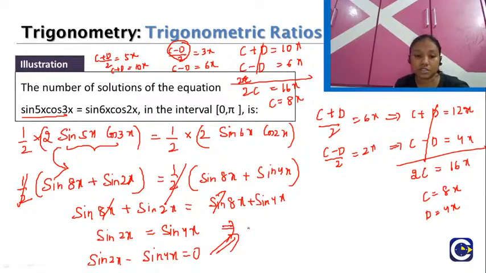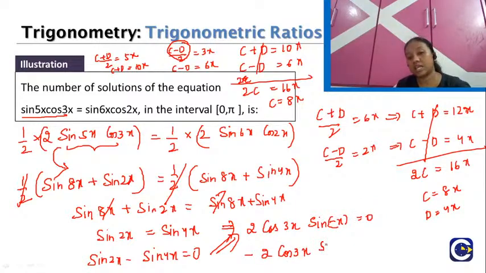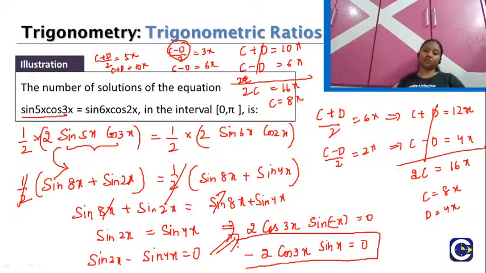So that means 2 cos, so 4 plus 2, 6 by 2, so it will be 3x, and sine, so 2 minus 4, so minus 2x by 2, which means minus x is equal to 0, which implies minus 2 cos 3x and sine x is equal to 0. So this will be our least reduced form for this typical given equation. So we end up having minus 2 cos 3x into sin x is equal to 0.